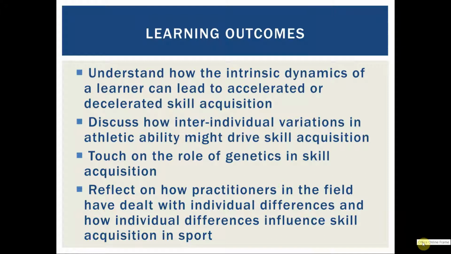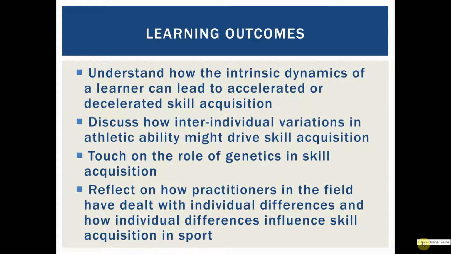So what we're going to do is we're going to try and understand how the intrinsic dynamics of a learner can lead to either accelerated or decelerated skill acquisition, something that we've briefly touched upon before. Then we're also going to discuss which types of inter-individual differences usually exist within groups that you're going to be working with.